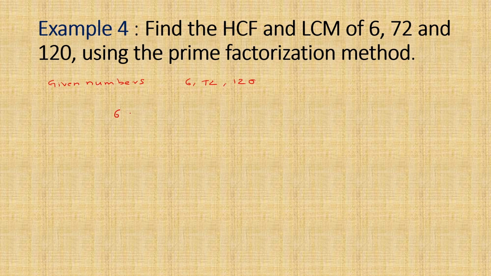First we need to write the factors. 6 is 2 power 1 into 3 power 1. 72 is 2 power 3 into 9. 8 means 2 cube, and 9 means 3 square.